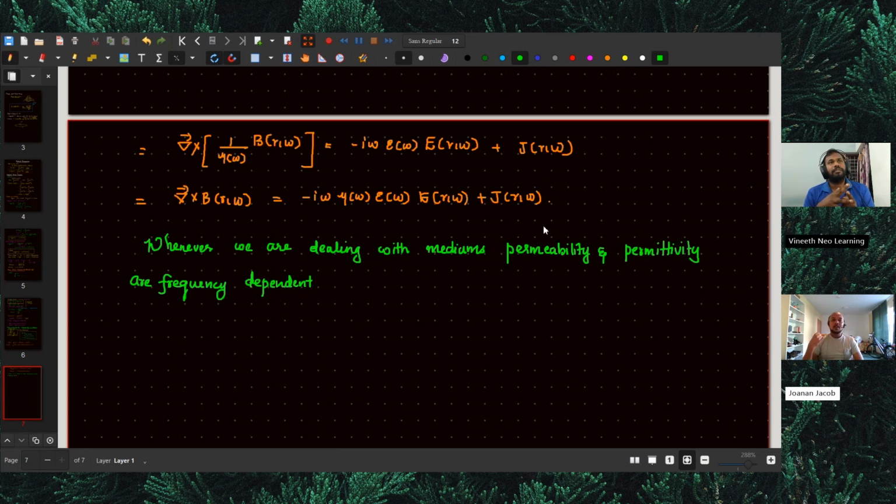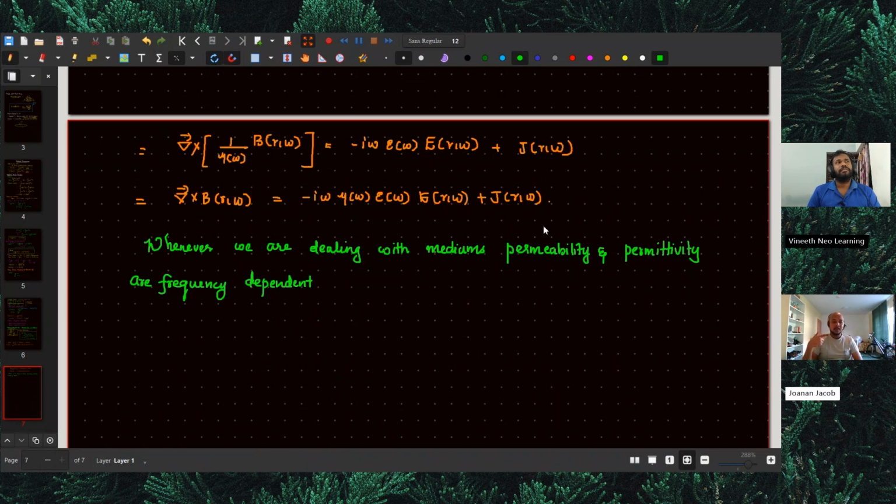These are models which tell us what happens when an electromagnetic wave interacts with a dielectric medium and a metal. The Lorentz model is for a dielectric medium and the Drude model is for a metal.